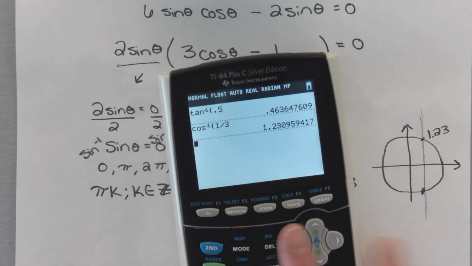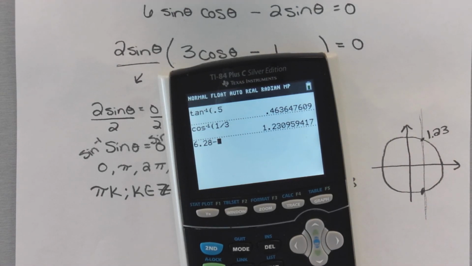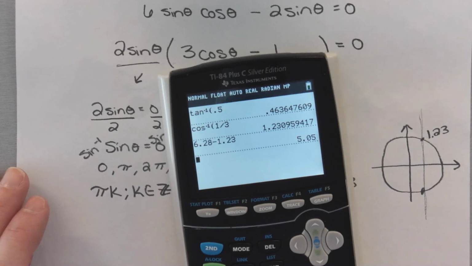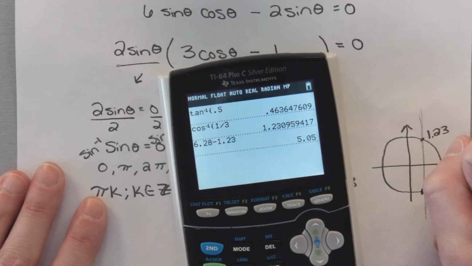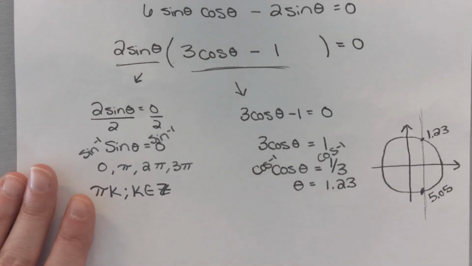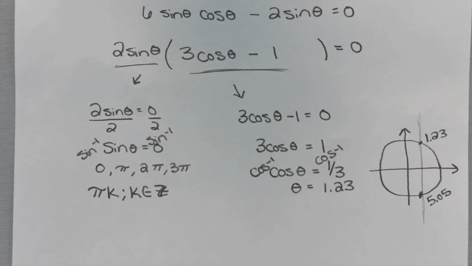So one revolution is 6.28. If I subtract off 1.23, this is 5.05 right here. Why wouldn't you add pi k to it? Because pi would get me to here. It wouldn't take me to the right spot. So there's no way to concisely write it, or I would do that.